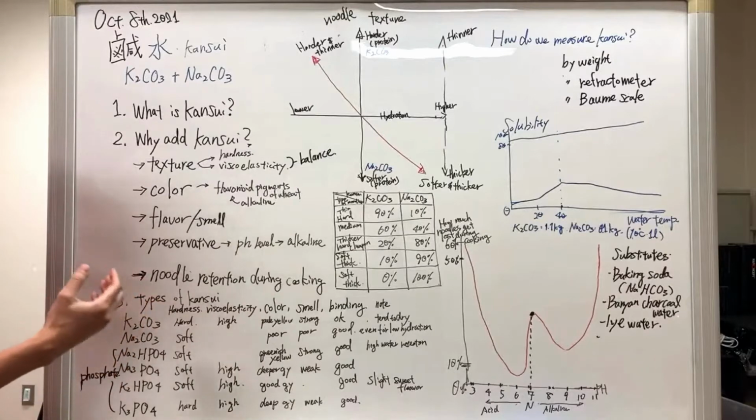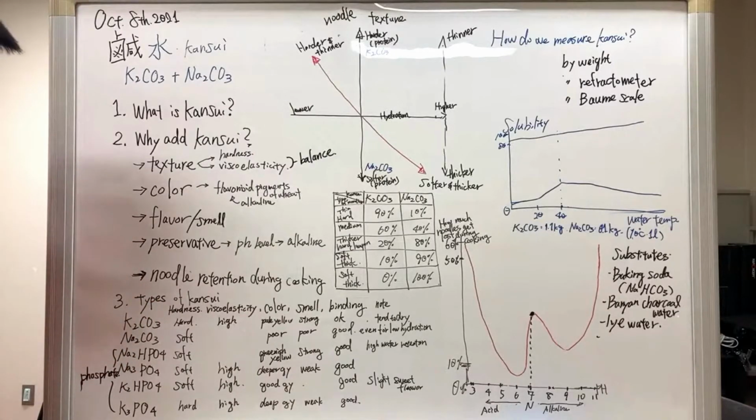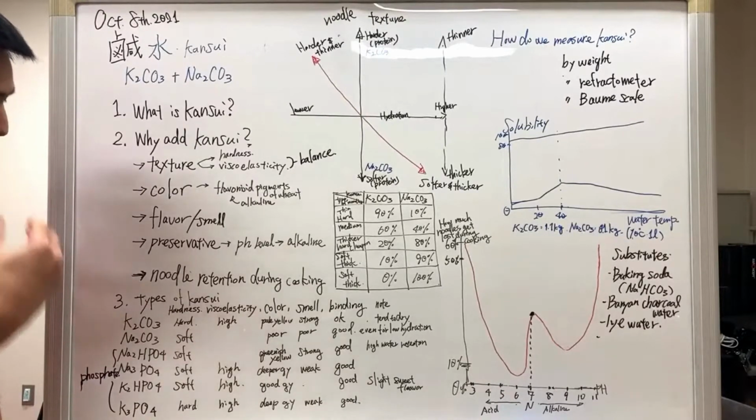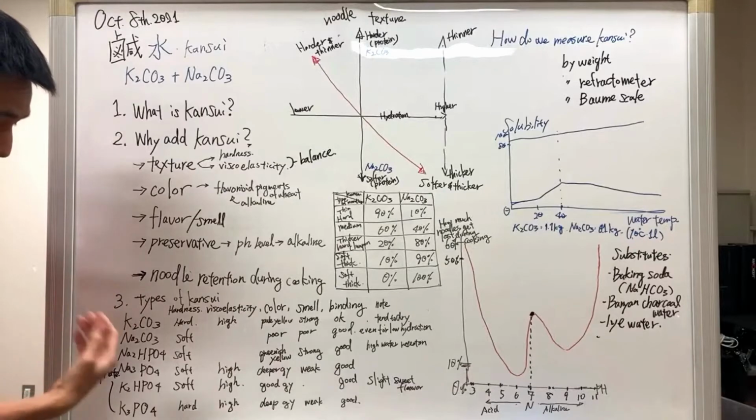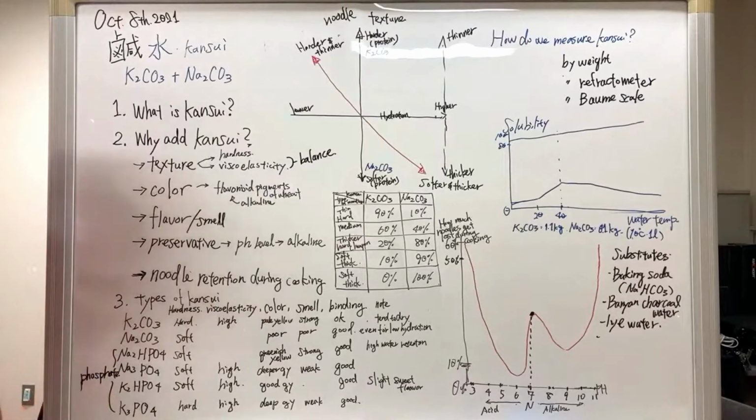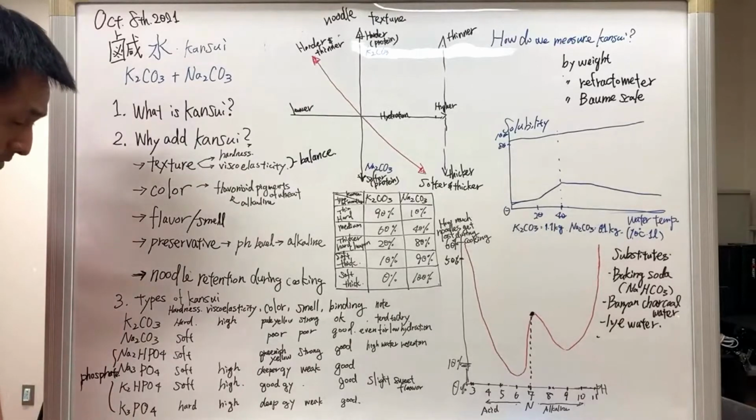If we consume a lot of phosphate, they say some people develop osteoporosis, because it takes up a lot of good minerals from our body.